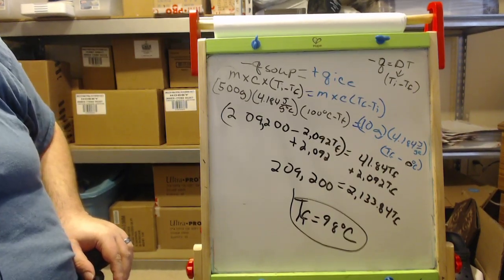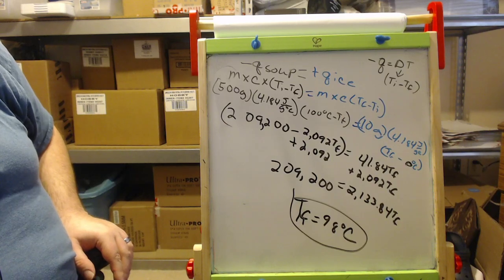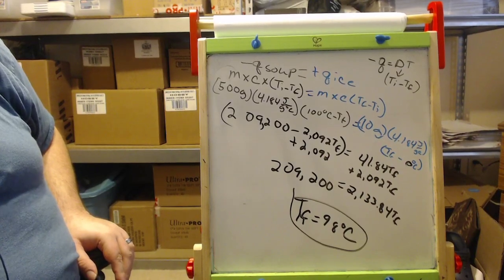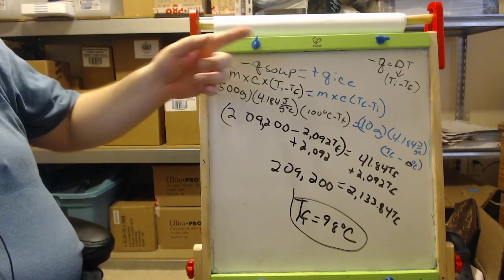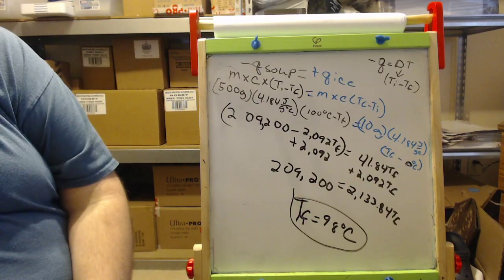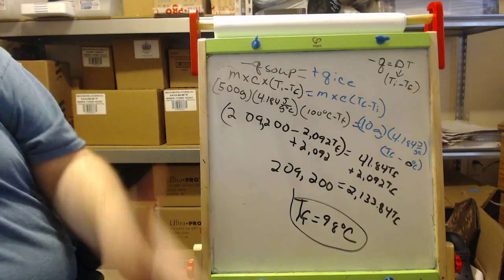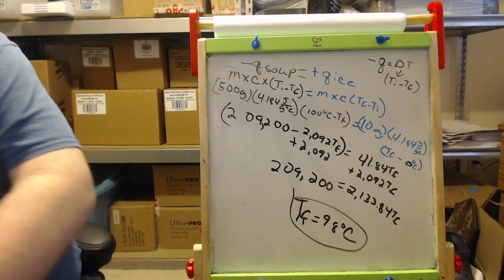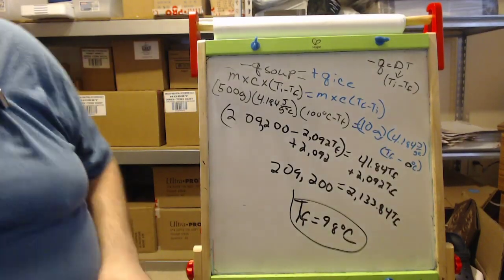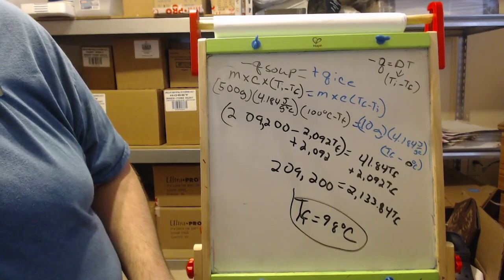And then on Thursday, we'll talk about what you would have done in lab and how we have to take into account the container. But I need you to be able to do these type of problems before we even take into account the container. It's just adding an extra step, an extra variable in there. It's not difficult. It's just a little bit longer algebra. But I want you to try these first.